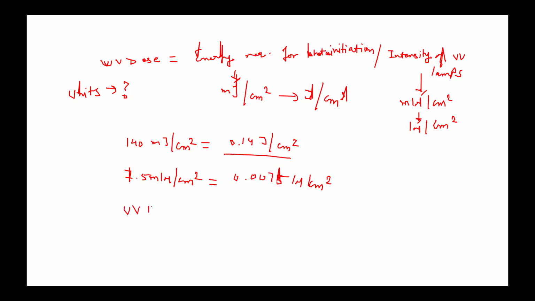So UV dose equals 0.14 joule per centimeter square divided by 0.0075 watt per centimeter square. The centimeter square would cancel out, and the unit would come in seconds.